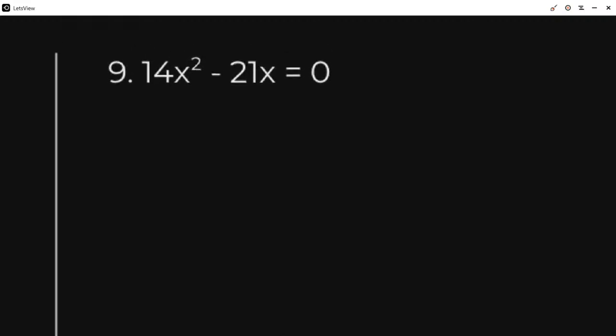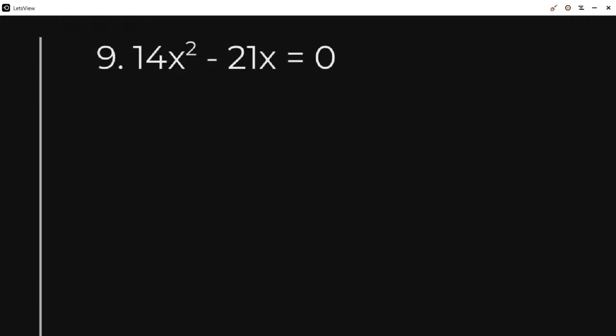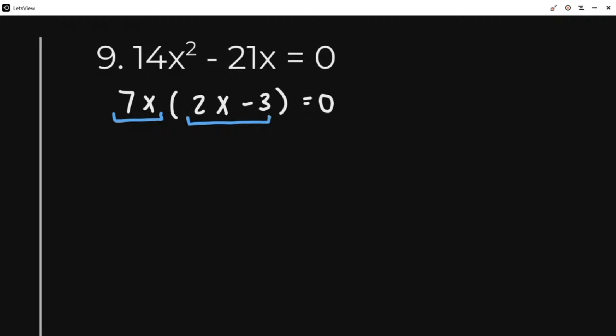Okay, next one. We have 14x squared minus 21x equals 0. So I will want to factor out the GCF, and for this problem, that would be 7x. So I'll be left with 2x minus 3. And outside of the GCF, there's no way to factor more because there's no more x squareds. So we're going to set this part equal to 0 and this part equal to 0.